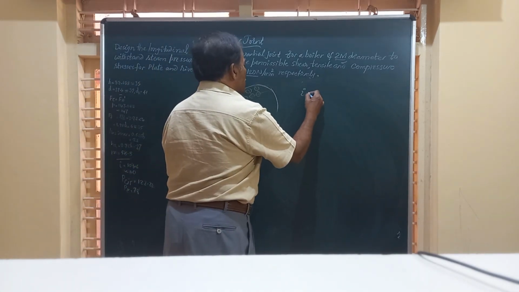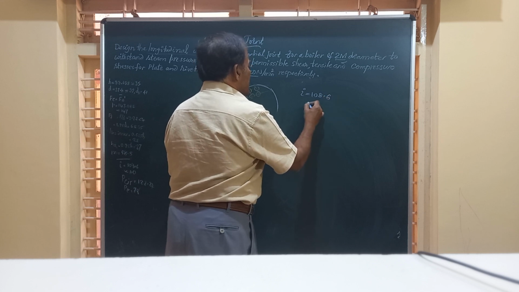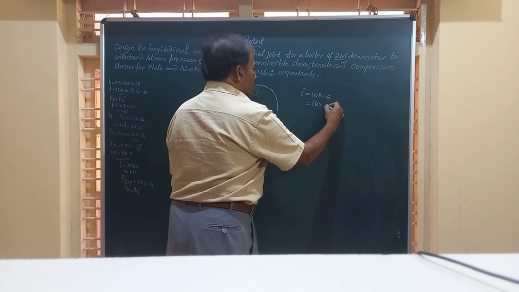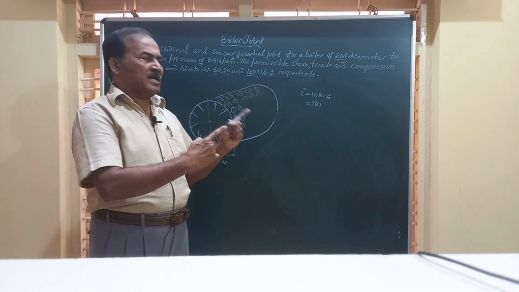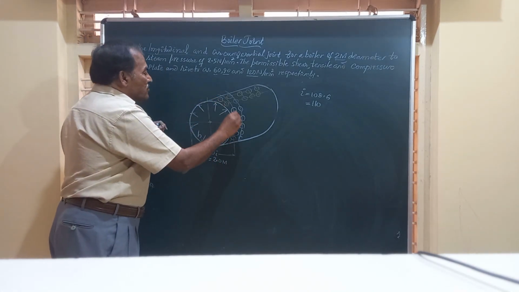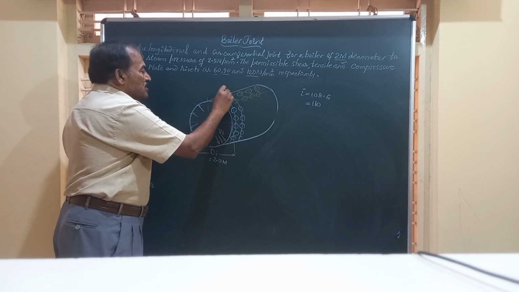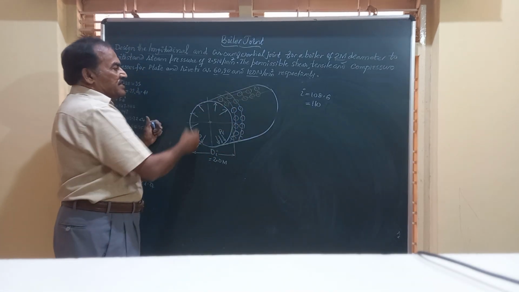I is equal to 108.6. Say this is 110. 110 number, so it's a whole number. I is equal to 110. So these 110 rivets are distributed equally along the circumference in two lines, one here and one here.